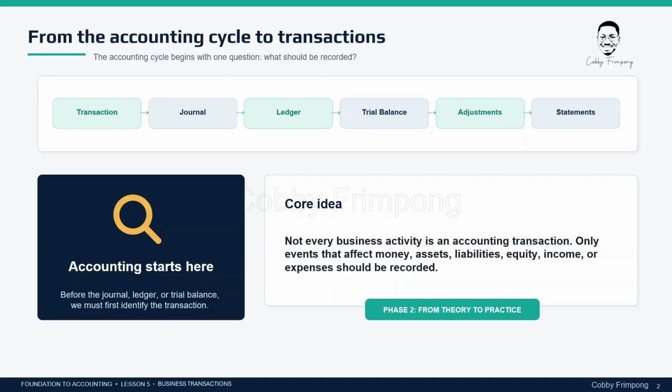In the previous lesson, we learned that accounting follows a clear journey: transaction, journal, ledger, trial balance, adjustments, and financial statements. This lesson begins phase 2 of the course.